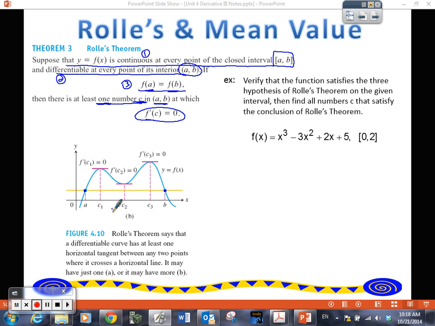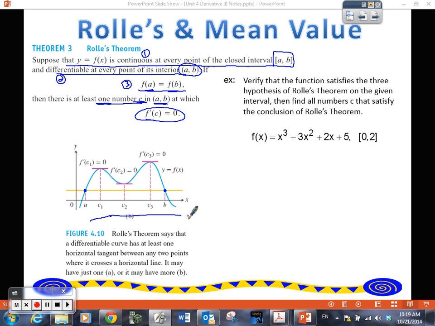So c1, the first derivative is 0. c2, first derivative 0. c3, okay, so in this case, we got three places where the first derivative is 0. We are only guaranteed one. That doesn't mean that there will only be one. We're just only guaranteed one. Okay, so that's how Rolle's theorem works, and here's a diagram of what that would look like.